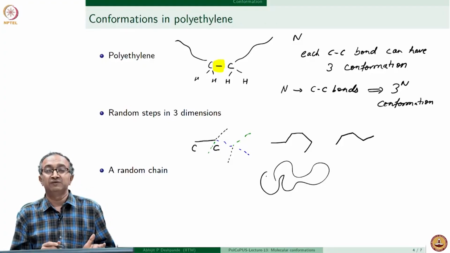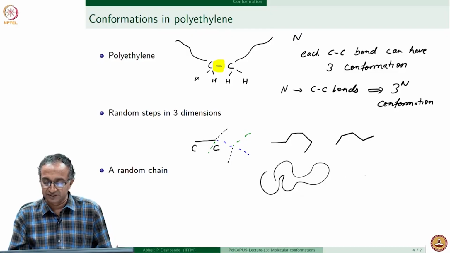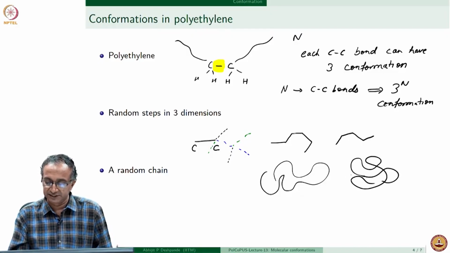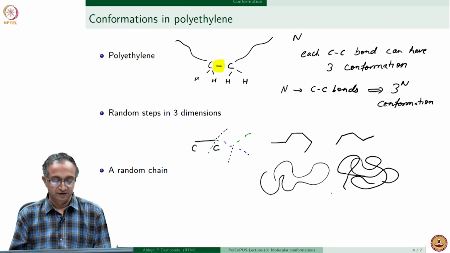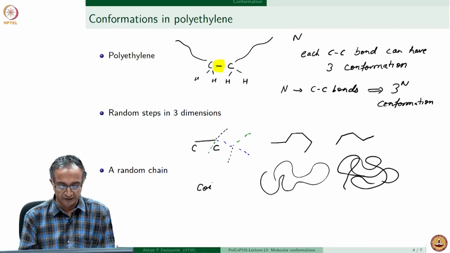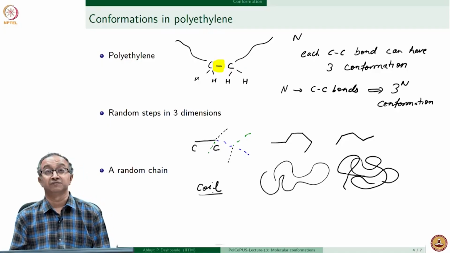At the same time, when we look at one instant of time and another instant of time, the polymer chain changes its conformation. So that's why it's called a random chain. We also will use the word coil to describe this kind of a macromolecular system.